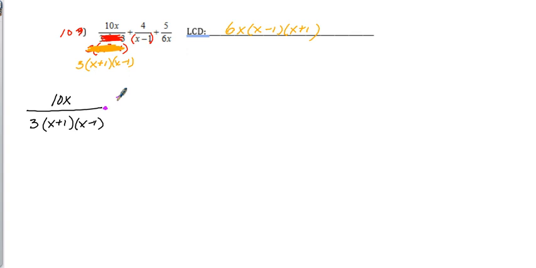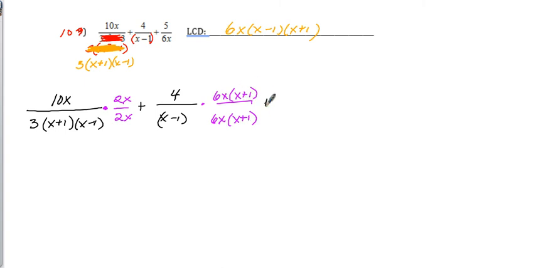So get him his missing 2x. The next fraction, 4 over x minus 1, is missing a whole heck of a lot. So let's see what he's missing. You're missing the 6x, and you're missing the x plus 1. So that is what you'll need, both bottom and top.